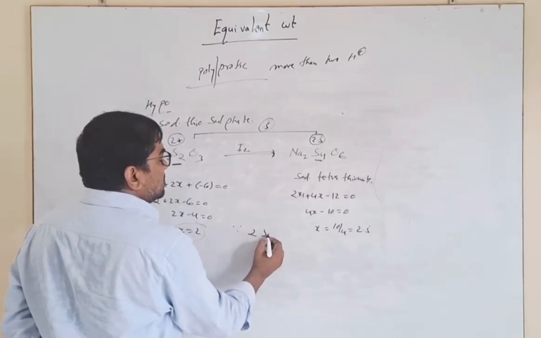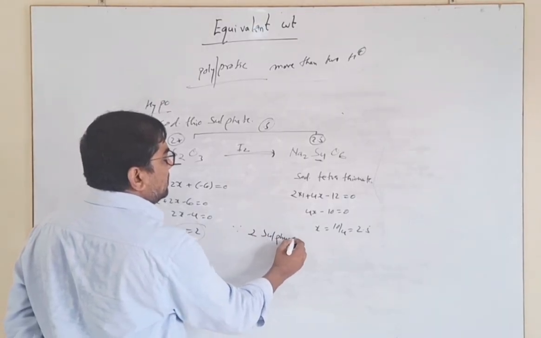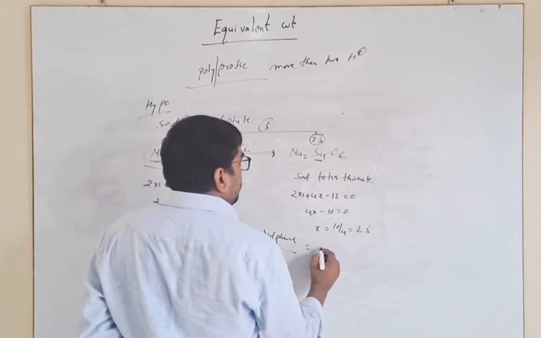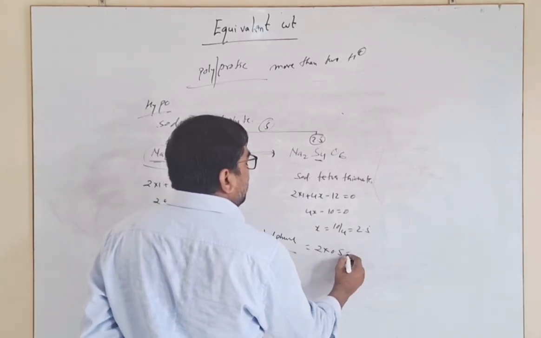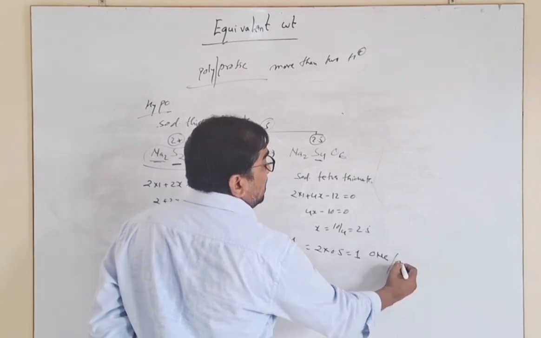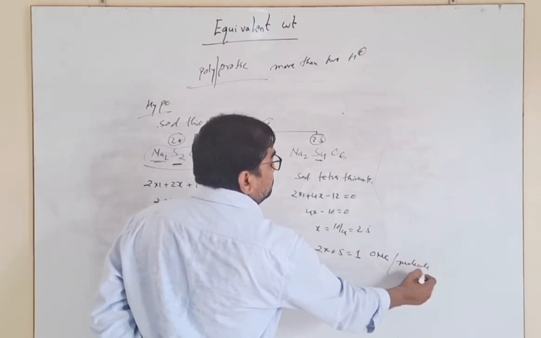Since 2 sulfur atoms are present in one molecule of hypo, therefore 2 into 0.5, that is 1 oxidation number change per molecule.